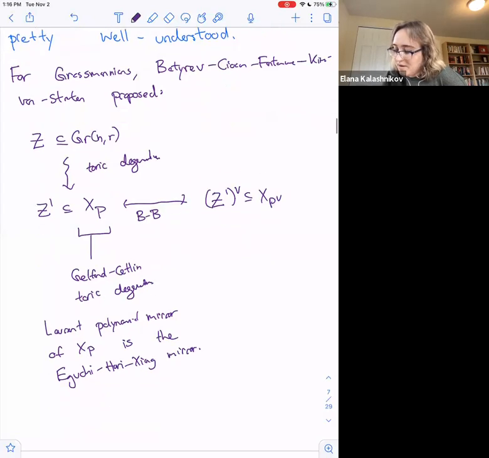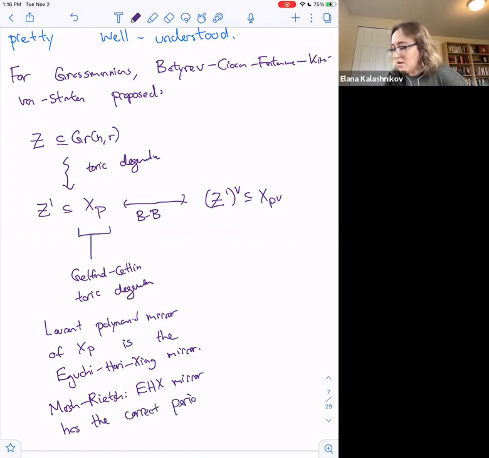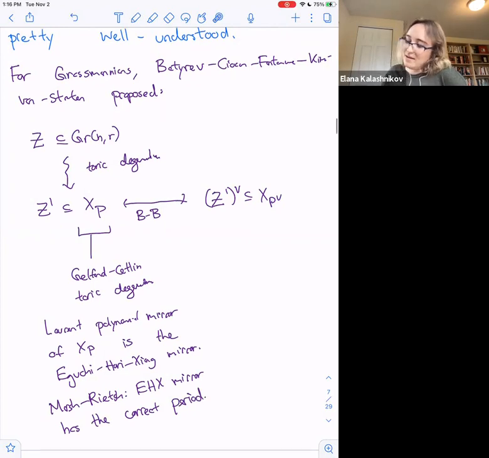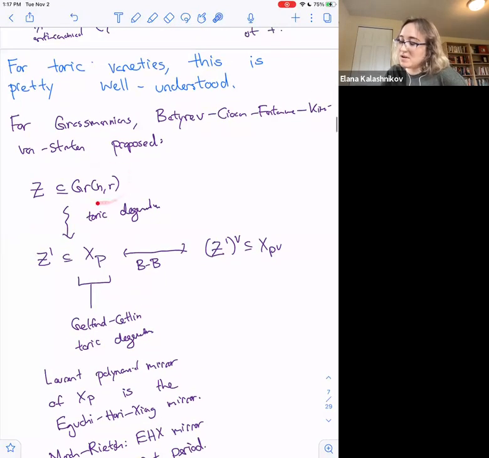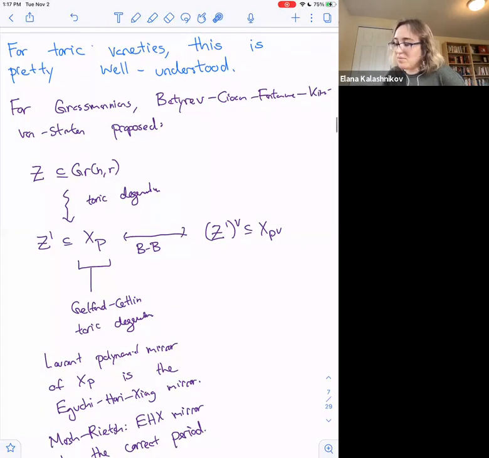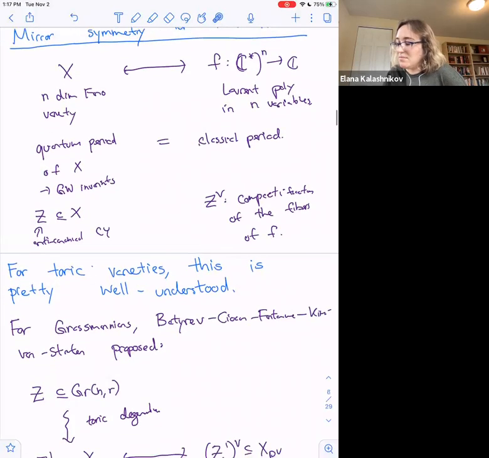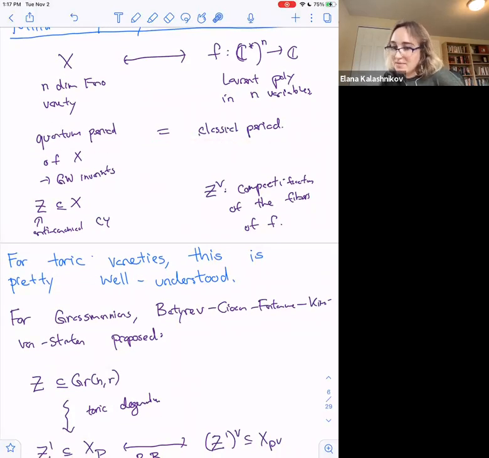And a theorem due to Marsh and Rietsch is that this EHX mirror has the correct period. So what I'm saying is that this proposal, at least for the ambient Fano variety, really does give you a Laurent polynomial mirror in the sense of this picture above.